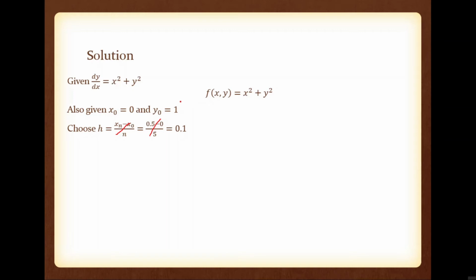Already 1 value is given. The remaining points are n points, where the nth point is xn. So xn minus x0 divided by n, that is 0.5 minus 0 divided by 5. Here we are going to find 5 more points. The 6th point is this one, that is already given, and we are going to find 5 more points.